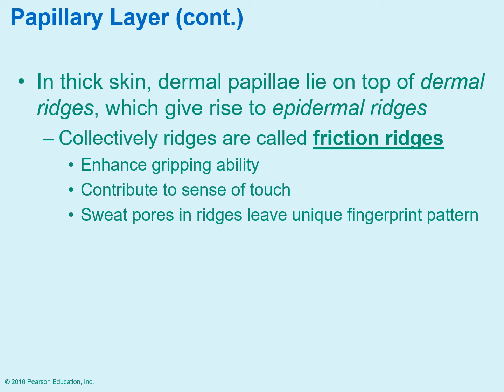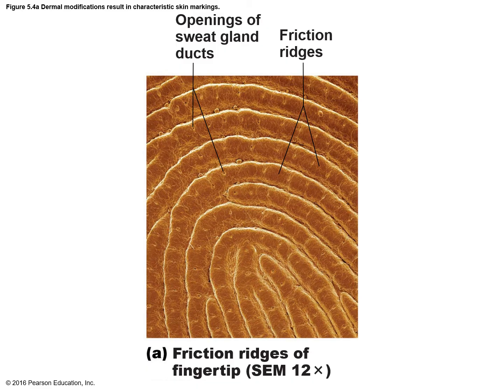It does leave these unique fingerprint patterns, which are genetically determined, and they are unique, obviously, to each individual. So this is just showing kind of the fingerprints here. Okay, to a science nerd like me, it's like, oh, isn't that really cool? You can see the pore openings for the sweat glands.